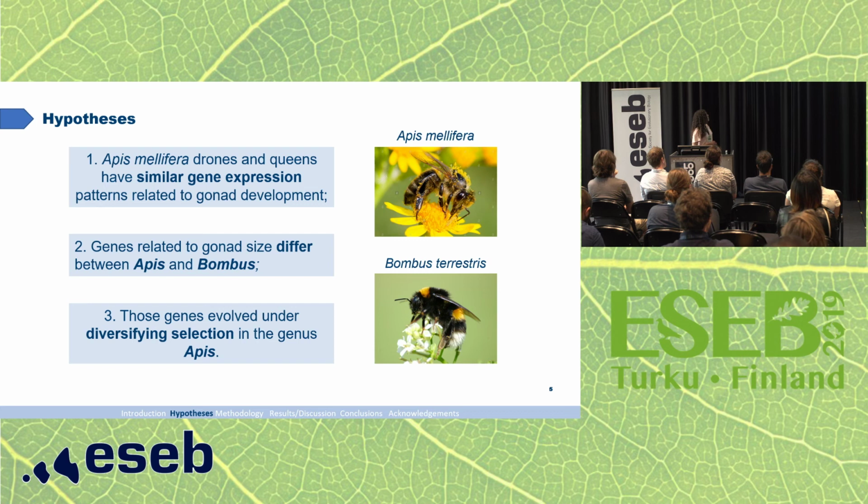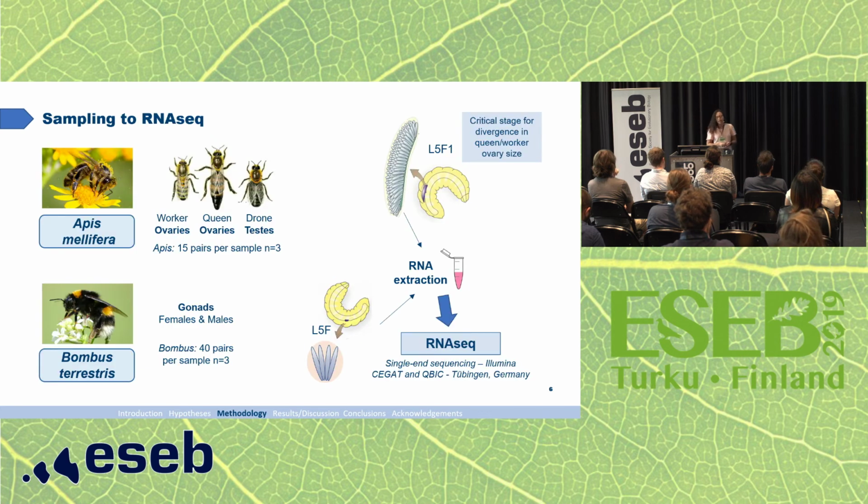To test these hypotheses, we decided to run RNA sequencing on gonads from Apis mellifera and Bombus terrestris larvae. We collected ovaries from workers, ovaries from queens, and testes from drones, 3 samples for each, at a critical stage in the divergence of queen and worker ovary size.